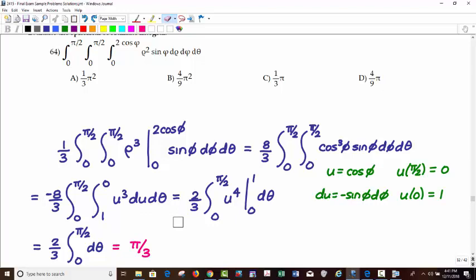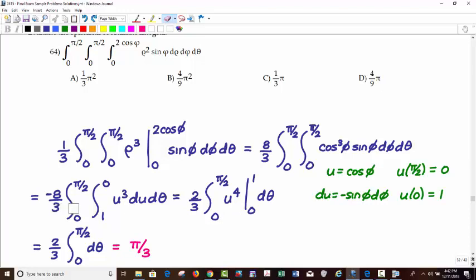So we have the antiderivative of u cubed, which is u to the 4 over 4. That's what happened to the 8, because it'd be 1/4 u to the 4th. So 1/4 times 8/3 is 2/3. I just didn't show that step because it was just a basic antiderivative.